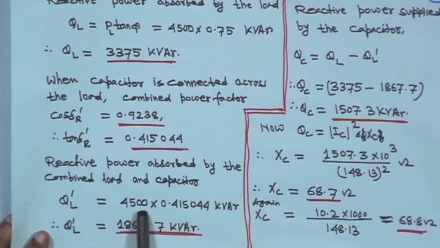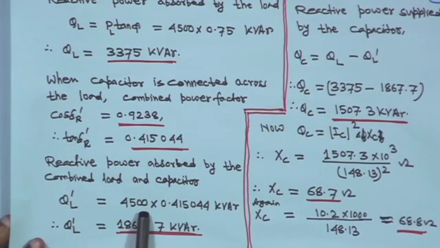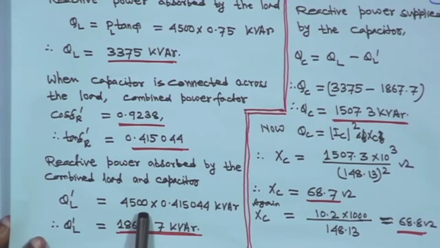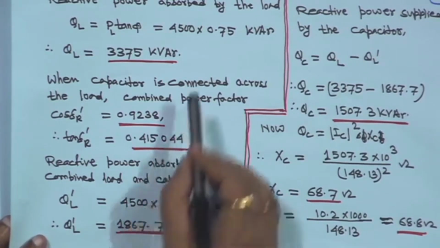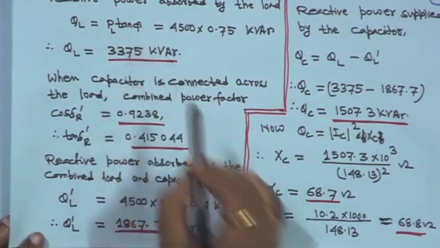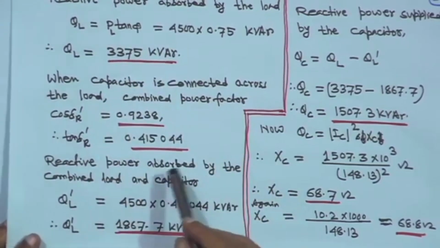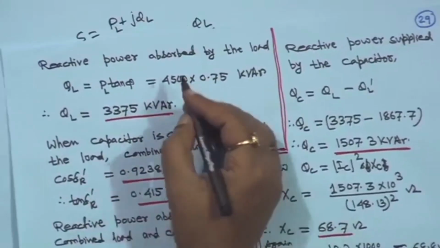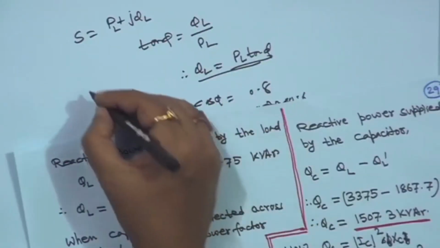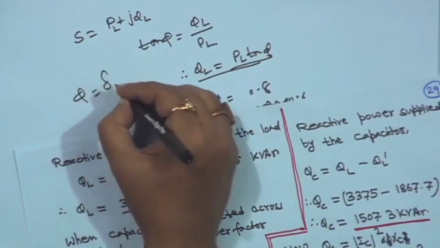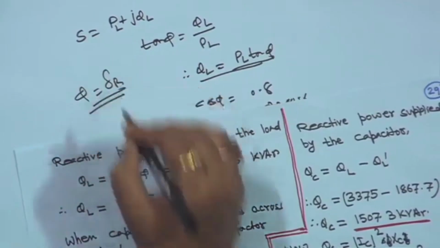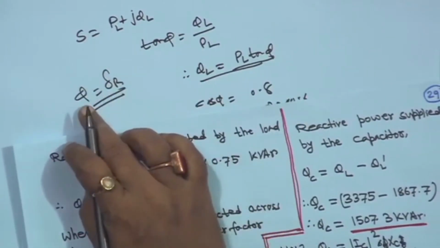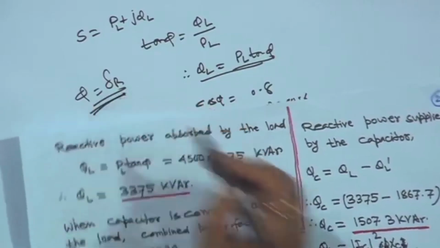Therefore, the reactive power absorbed by the combined load and capacitor, that QL dash, is equal to 4500, because the load power is real power and the capacitor is not drawing any real power, only reactive power. So we can write 4500 into this tan delta R dash. Here it was PL tan phi, and there should not be any confusion, that phi actually you can take as delta R. Generally sometimes we write phi only, but phi is equal to delta R, same thing.